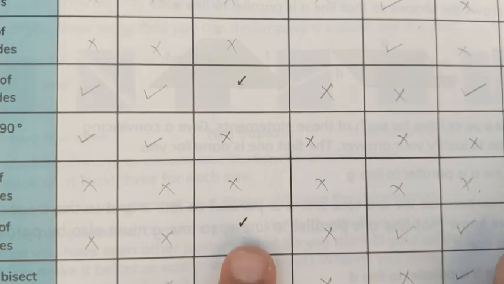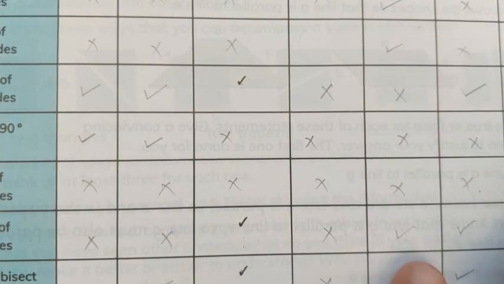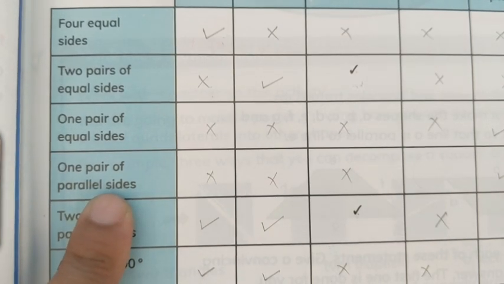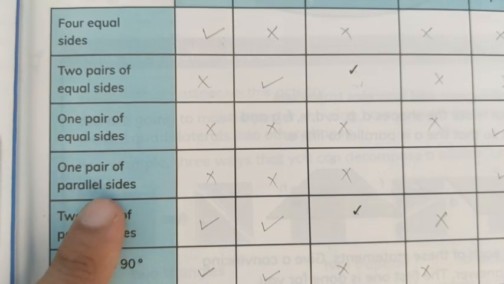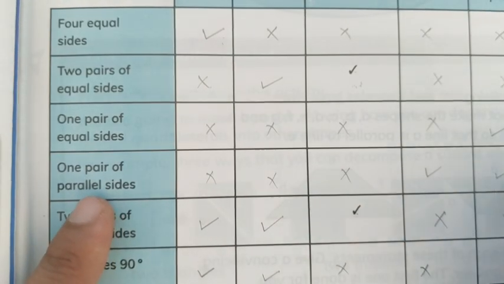Okay, so we have three figures where we have two pairs of equal angles: a parallelogram, an isosceles trapezium and a rhombus. And then there was one more thing to discuss here when we talked about one pair of parallel sides. We have one pair of parallel sides in both a trapezium and an isosceles trapezium.